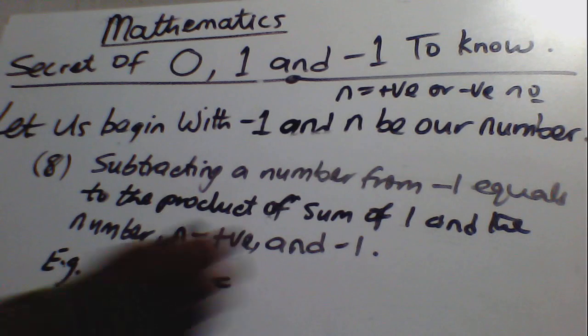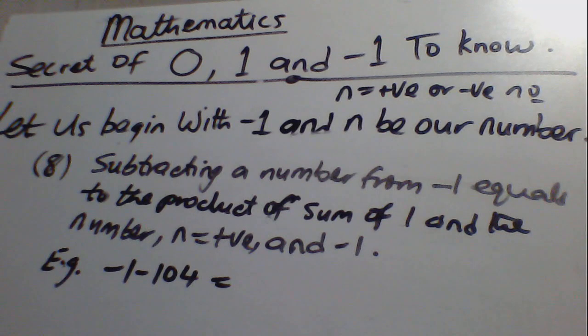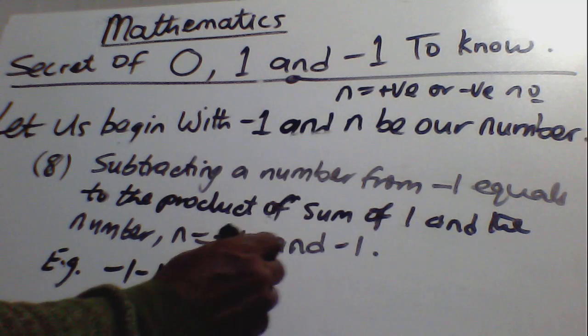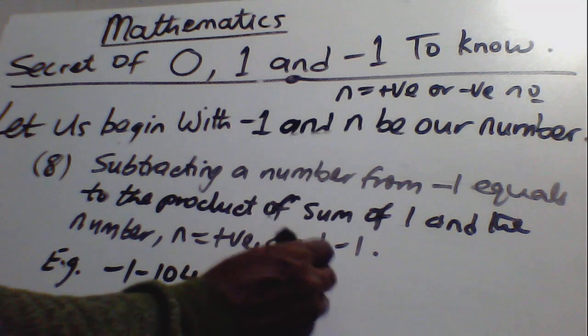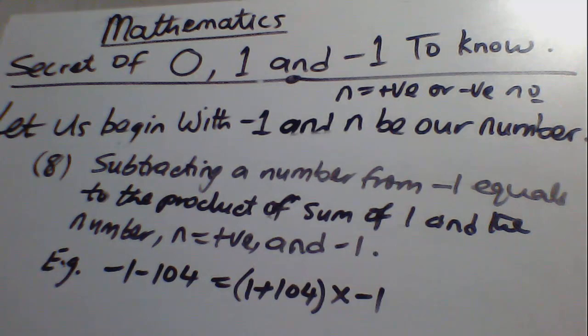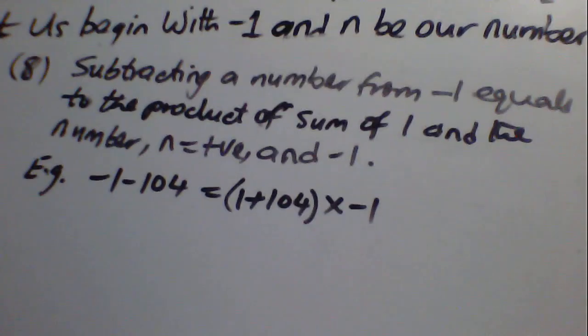So for example, we have minus 1 minus 1 over subtracting a number from minus 1. This is equal to the product of the sum of 1 and the number, that is 1 plus the number, and minus 1. So that is what the statement is all about.